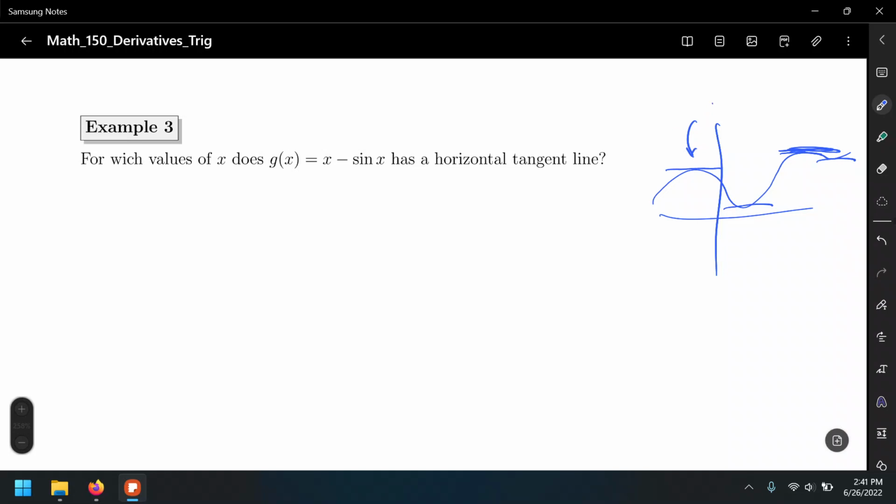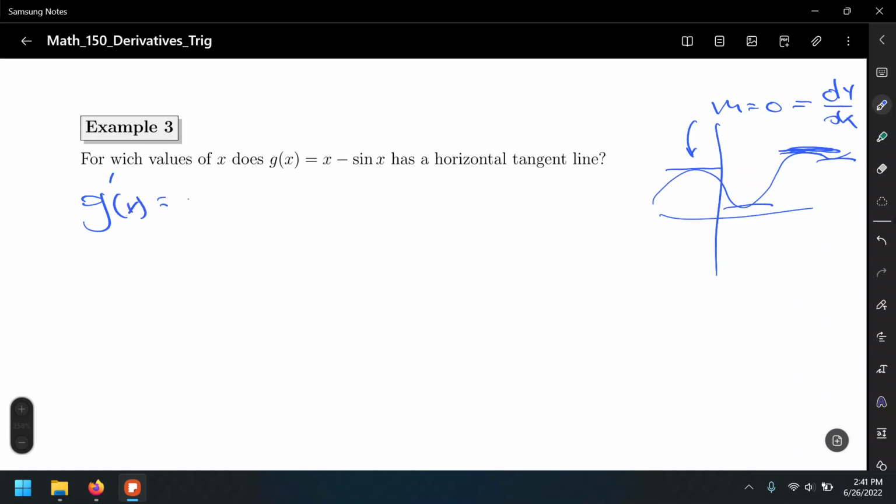That means a horizontal line when the slope equals 0. In other words, when the derivative dy/dx is also equal to 0. That's not the graph for the given function, that's just the generic idea. So let's take the derivative.